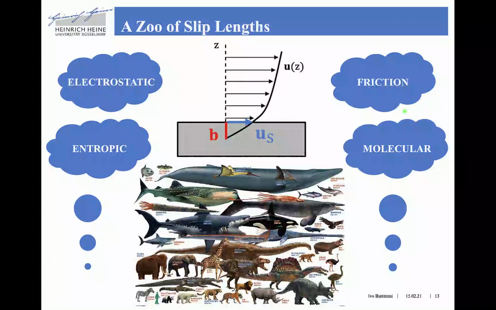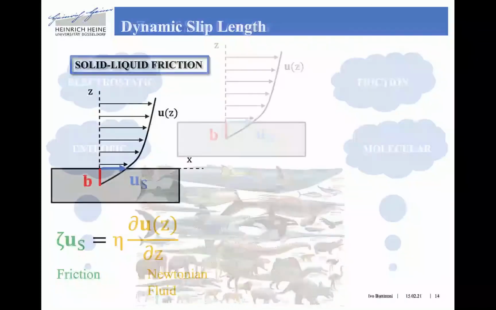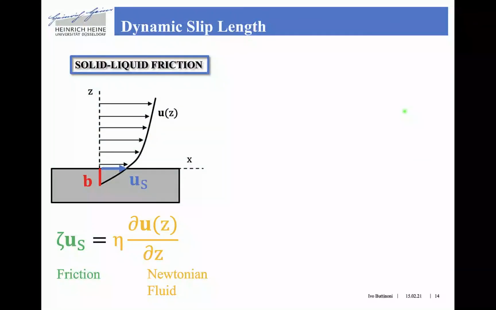However, I just want to start by introducing the so-called dynamic slip length, which is only due to solid-liquid friction, so only due to the motion of fluid elements near a solid surface. Here our slip velocity is defined by this simple equality, our fluid being Newtonian, and the stress due to frictional forces, where zeta is the friction coefficient and eta is the fluid viscosity.